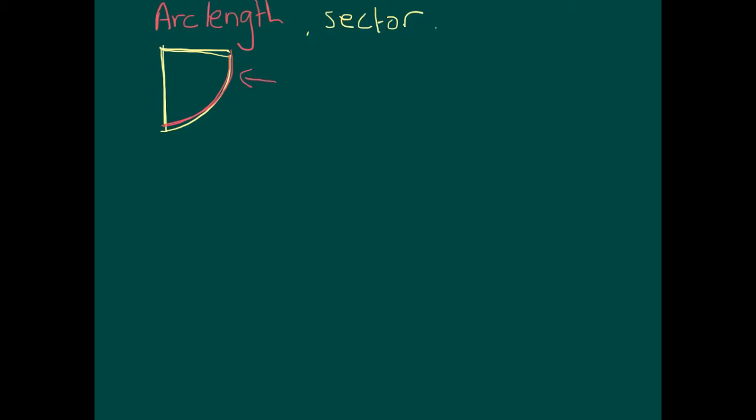So this is what we call the arc length, defined as L. We've got the angle in here, theta. We also have these two lengths over here, which are the radii.